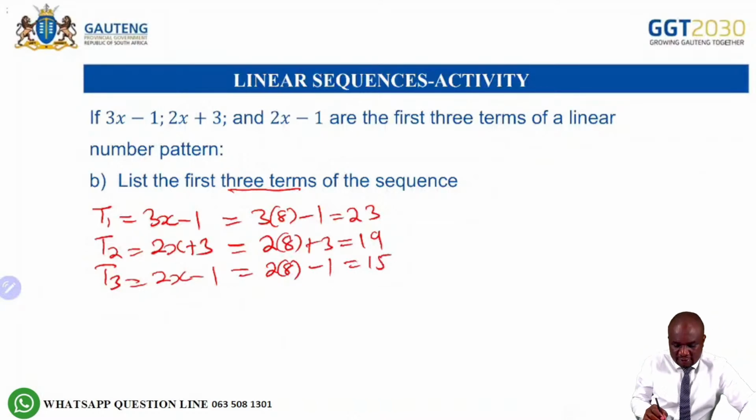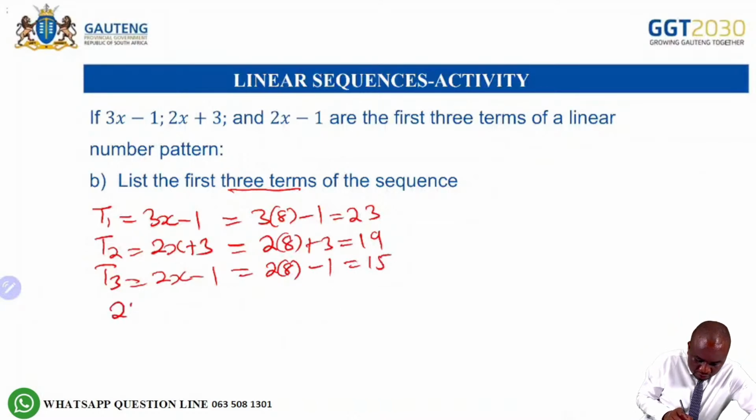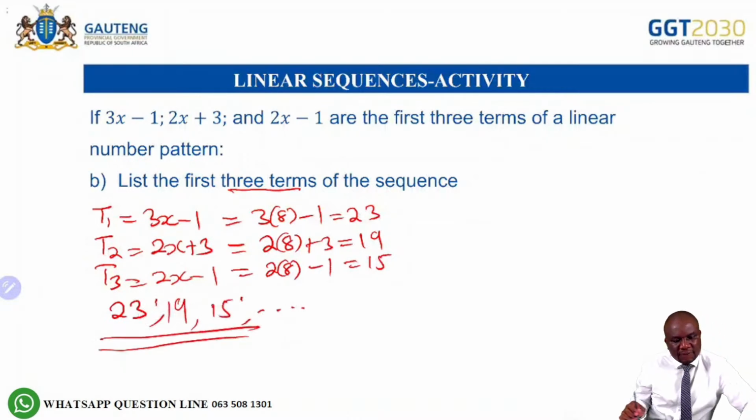So these are the first 3 terms, 23, 19, 15. We've answered that. Okay, right, now we need to move to C.